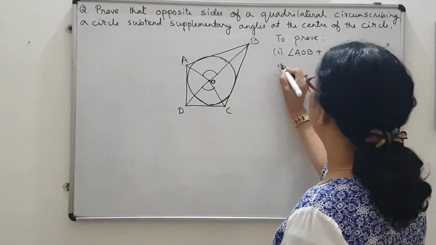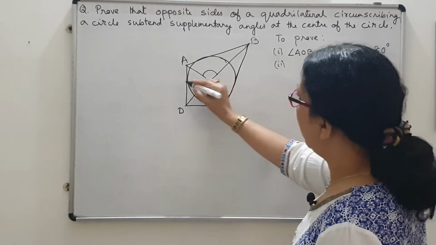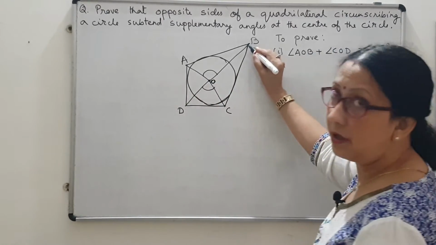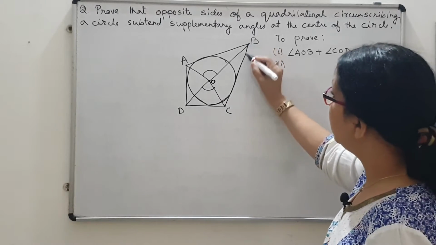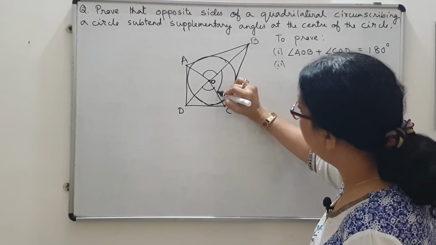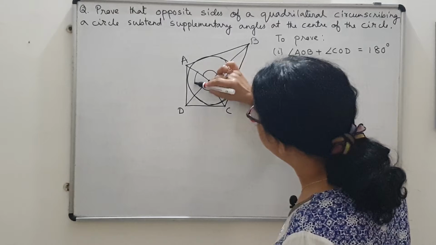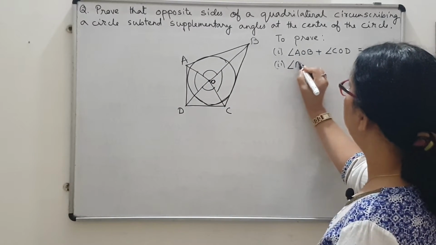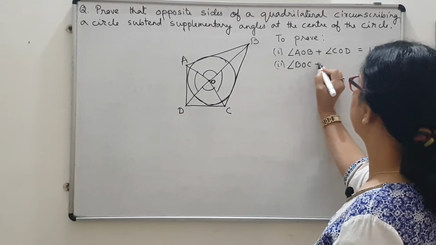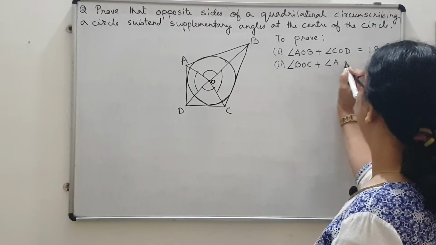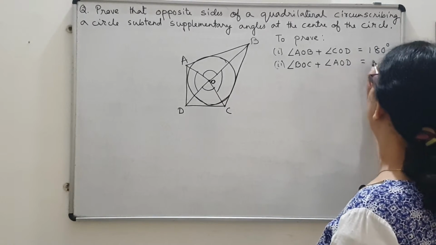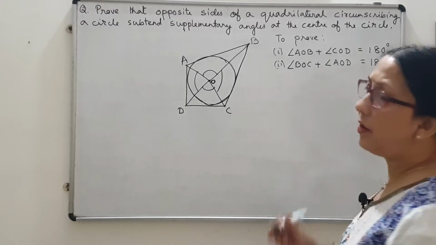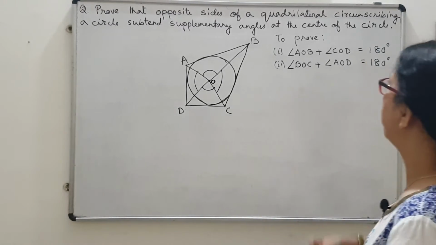And the second part, you have to consider the other pair of opposite sides. So BC is subtending this angle and AD is subtending this angle. So you have to prove this one also. Angle BOC plus angle AOD is 180 degree. Now I think you have understood the question, what we have to prove.